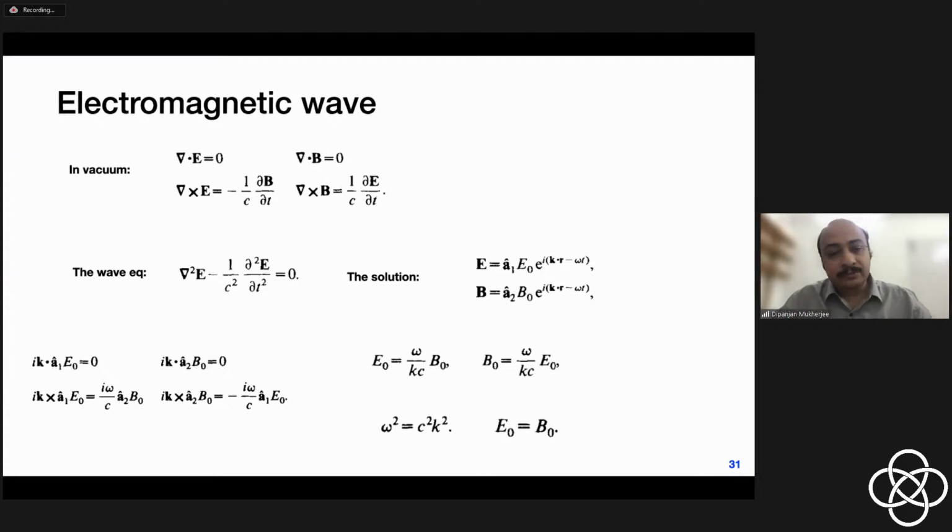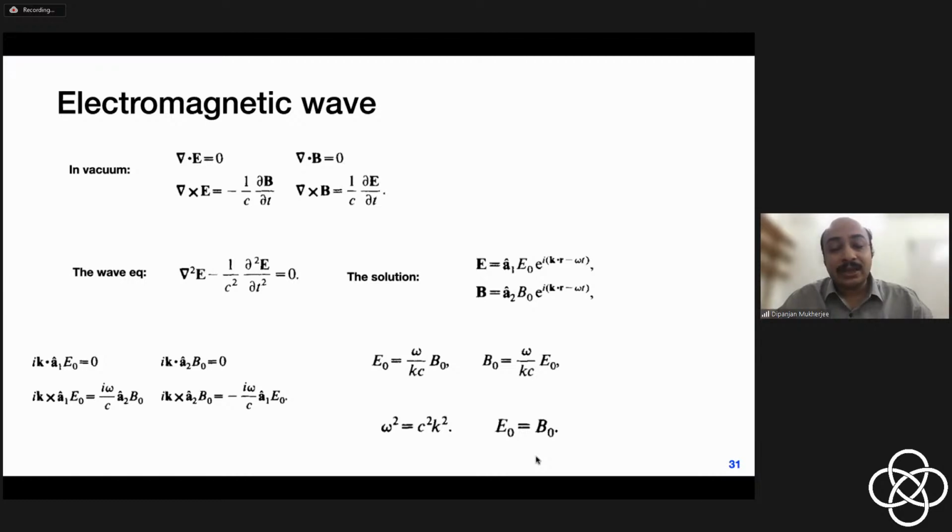And just a property of electromagnetic waves in the CGS units: if you take the wave equation and substitute the solution of the wave equation, you will find that the magnitude of the electric field and the magnetic field are the same in CGS units.